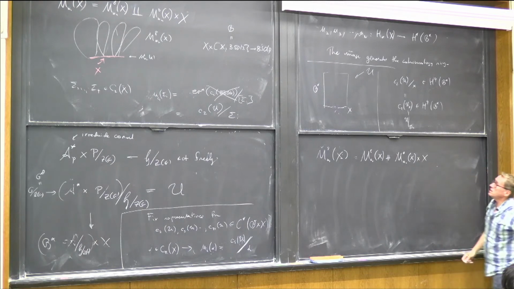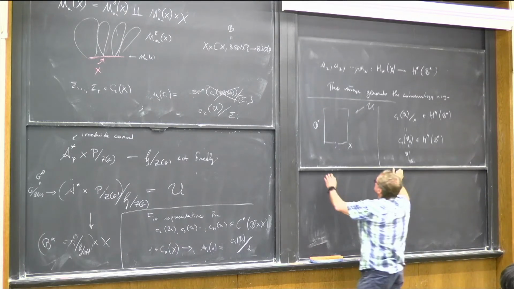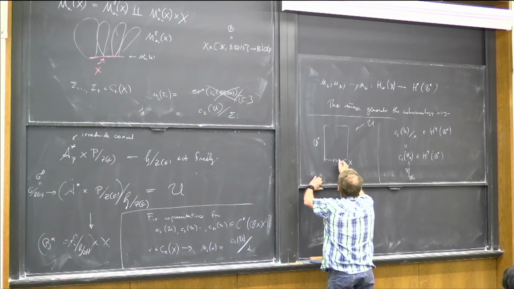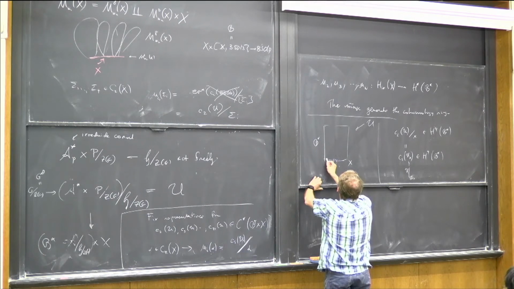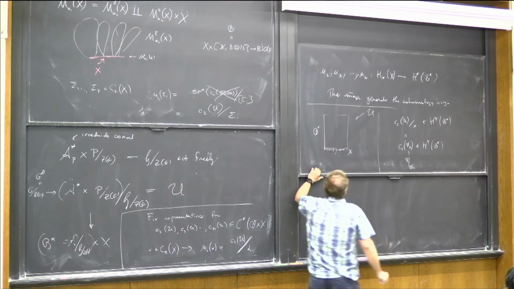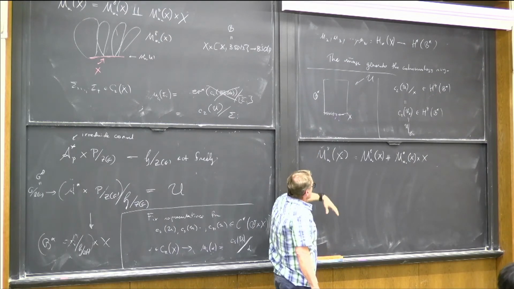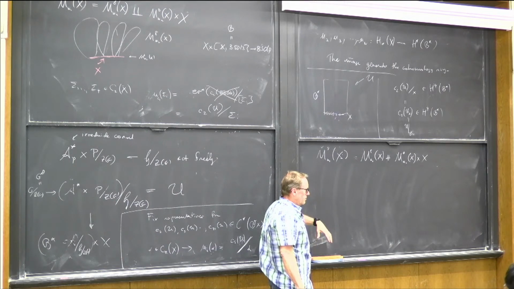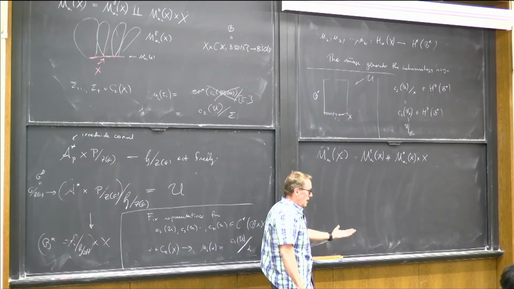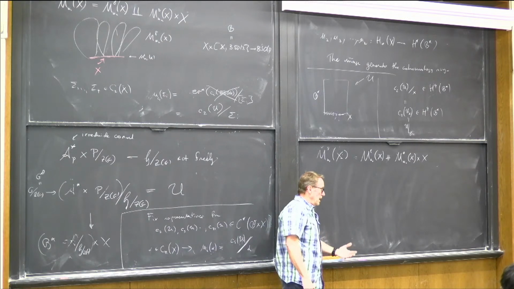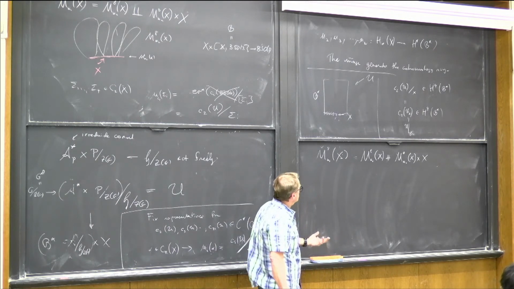Because that cohomology class doesn't notice what's going on out here. In other words, to say it another way, I could think of that cohomology class as coming from the universal bundle.